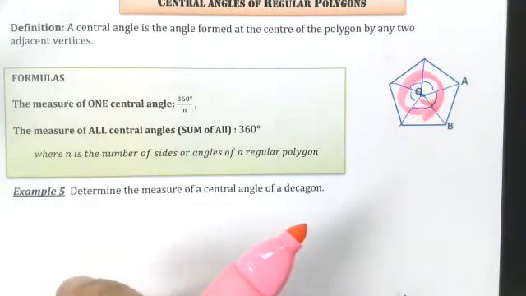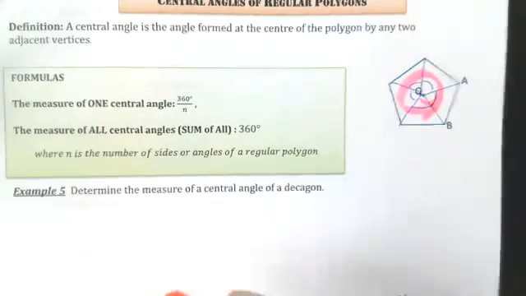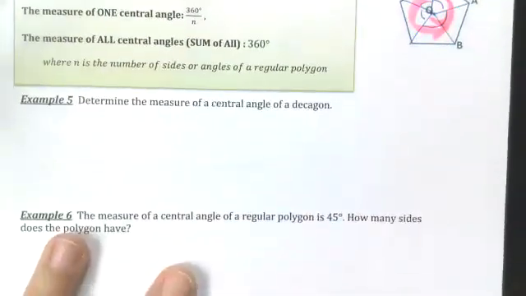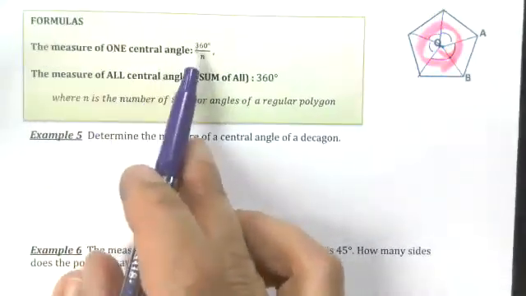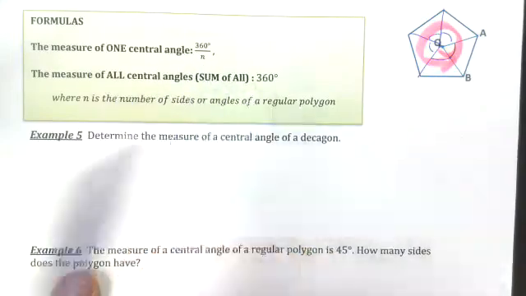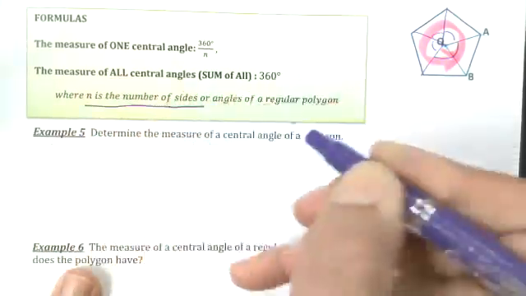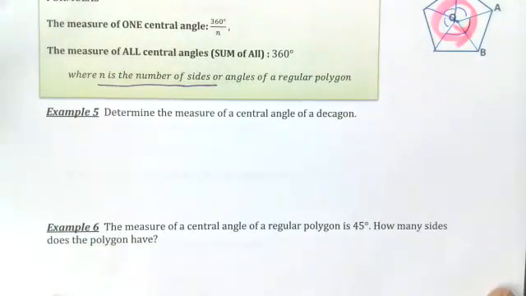If I want to know the measure of one of them, what do I do? If you know all of them are 360, what do you have to do to get one of them? Divided by the number of sides or angles, right? And you're going to get one of them. So the measure of one central angle is 360 divided by n, the sum of all of them is 360. Again, n is the number of sides or angles in a polygon.